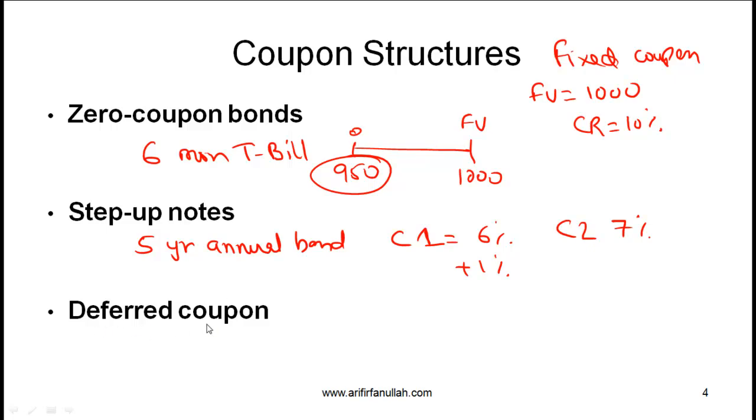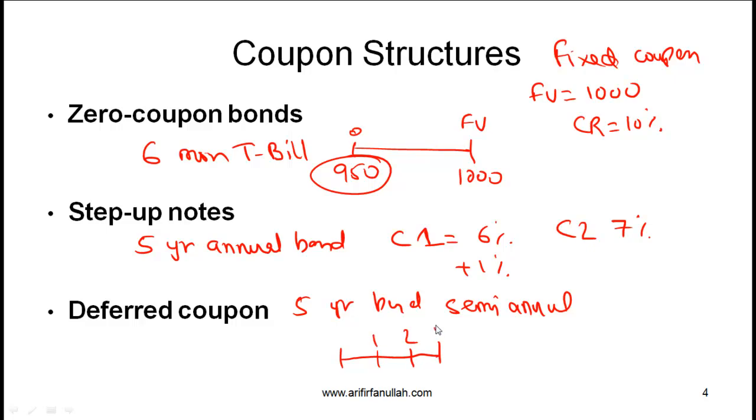A deferred coupon bond is one where no coupon payments are paid initially. So in essence, let's say again that we have a 5-year bond, and for the first 2 years no coupon payments are made. So if you have a 5-year semi-annual pay bond, then essentially we have 10 periods.